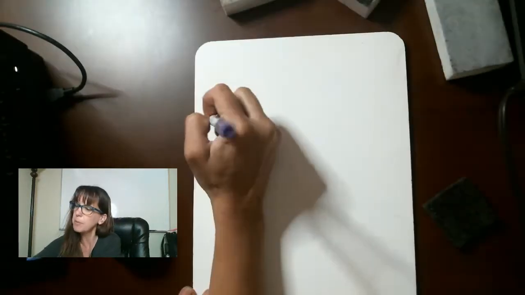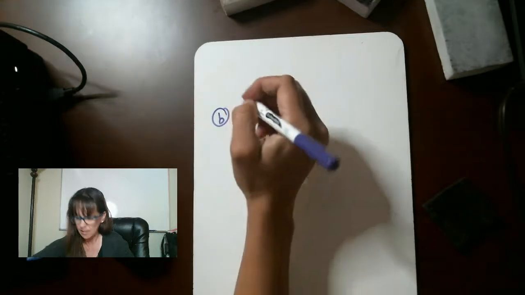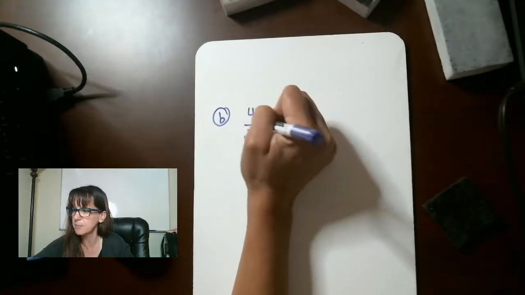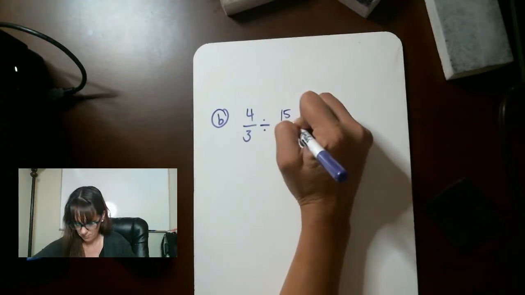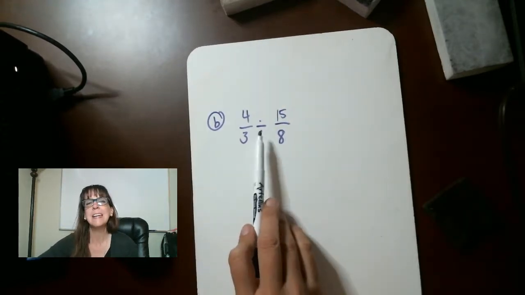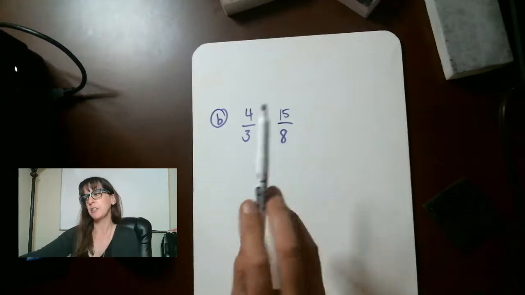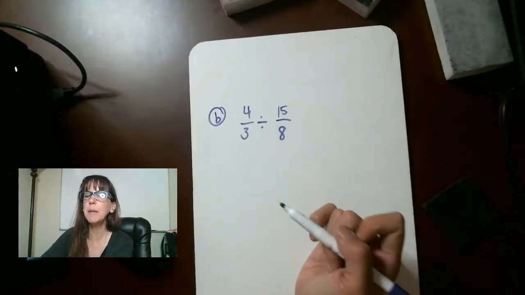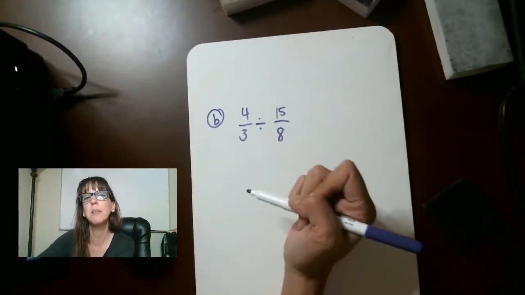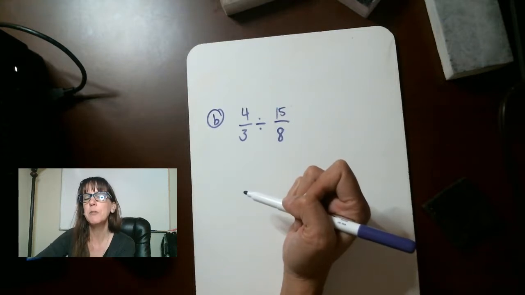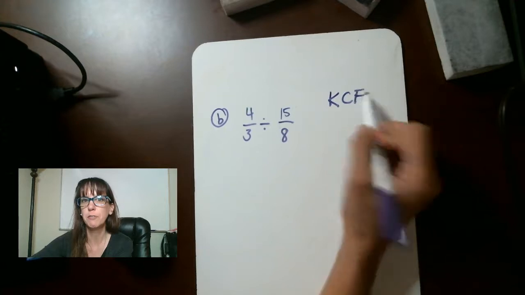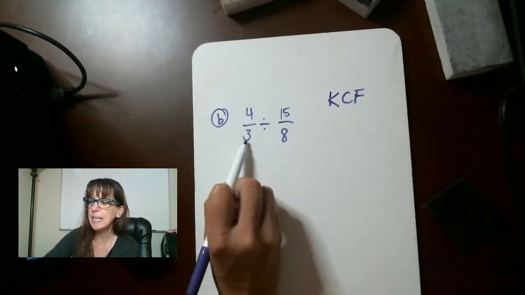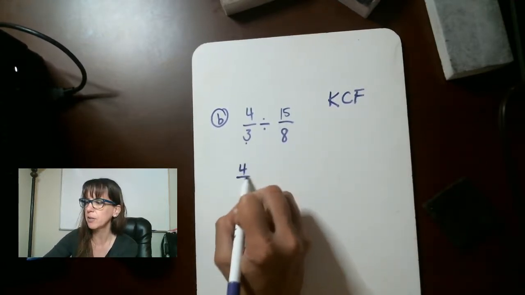So for our division, we're going to do one extra step. For problem B here, we have 4 over 3 divided by 15 over 8. Now, we can never divide fractions. What we do instead is we multiply by the reciprocal. You may have heard this called keep, change, flip. We keep this guy, 4/3.